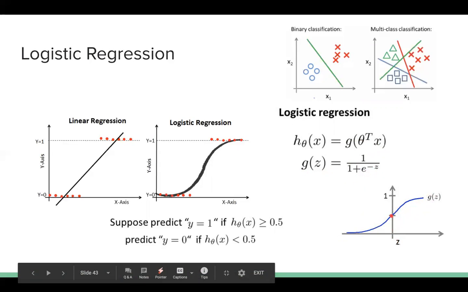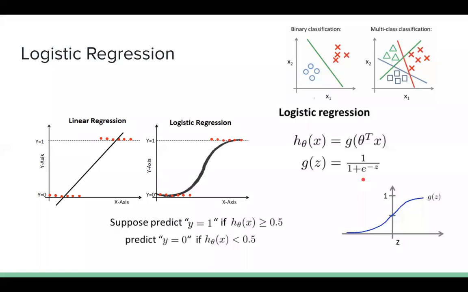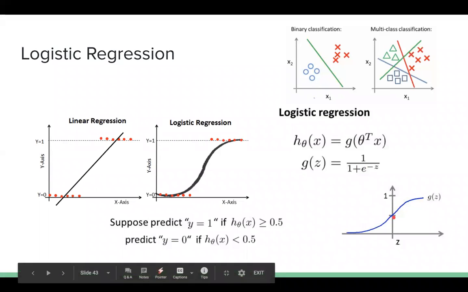Why this sigmoid function has to be taken care of in logistic regression is that whenever we want to classify the data, we apply this logistic regression function and see if my value is becoming greater than 0.5 or less than 0.5.